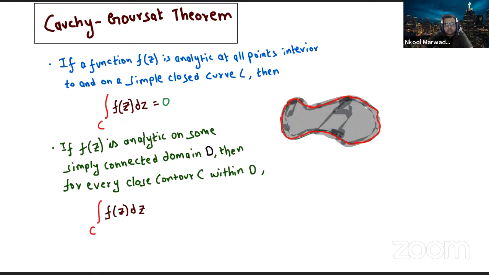The same thing we stated in a different way. So here what we are saying is that let us suppose we have a connected domain. A connected domain is a kind of region. We have a region, and within that region, if I draw any random closed contour. So let us suppose I have any random region.